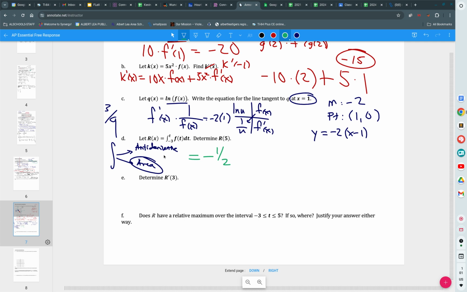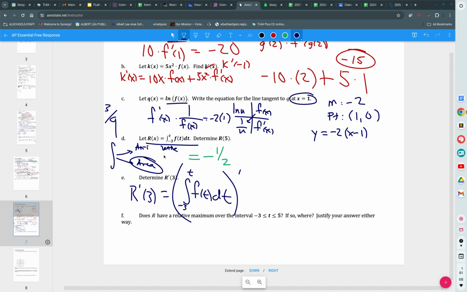Determine R prime of 3. I want to take the derivative of this thing right here. So I say R prime of 3 is equal to the derivative of the integral from negative 3 to x of f of t dt. What happens when you take the derivative of that thing? What goes away? Oh, the integral sign.